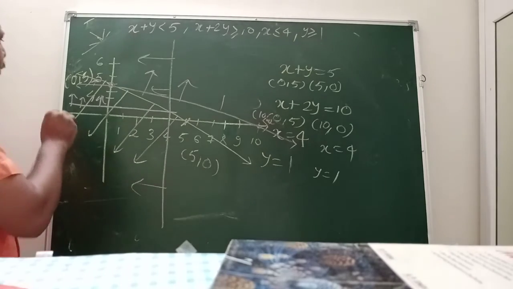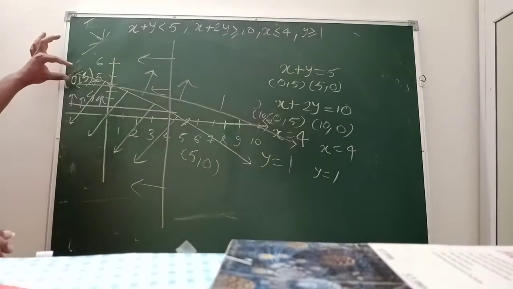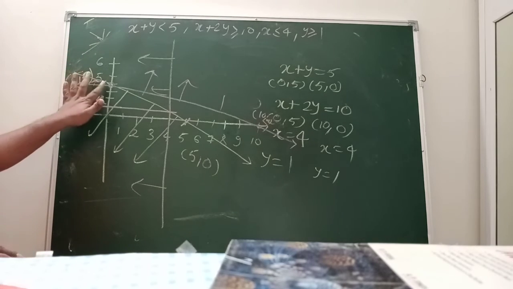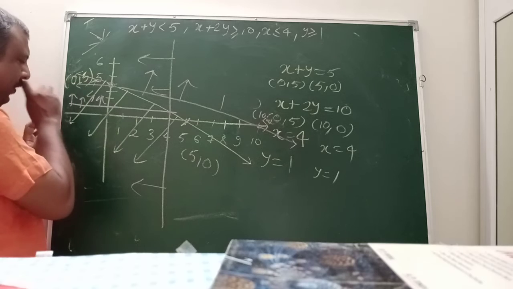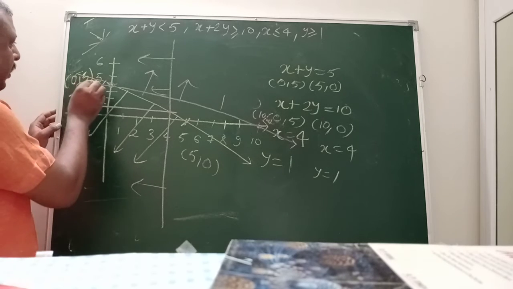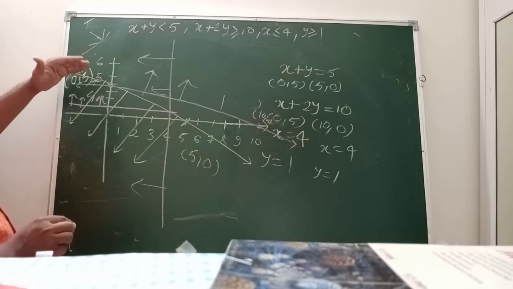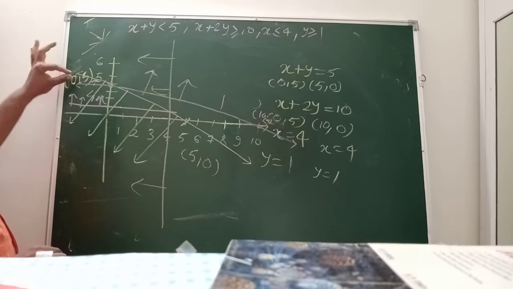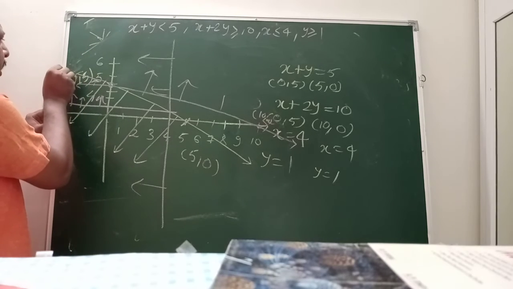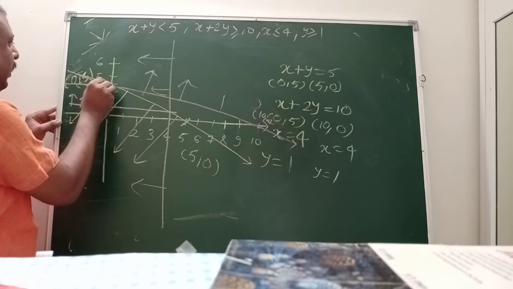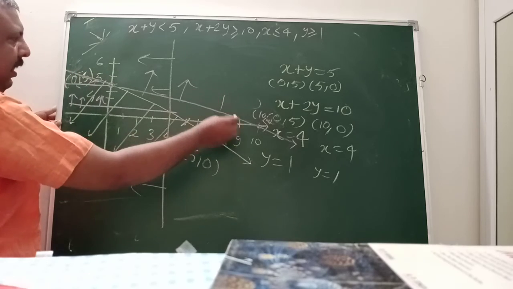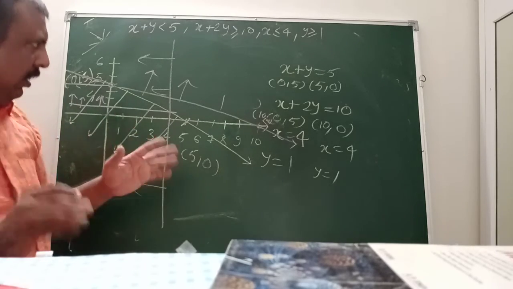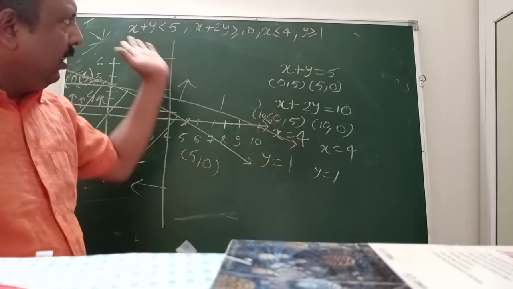So this portion is the common portion. It should be above this line, above this line, and below this line. This triangular zone till infinity is the common, unbounded solution for the given constraints.